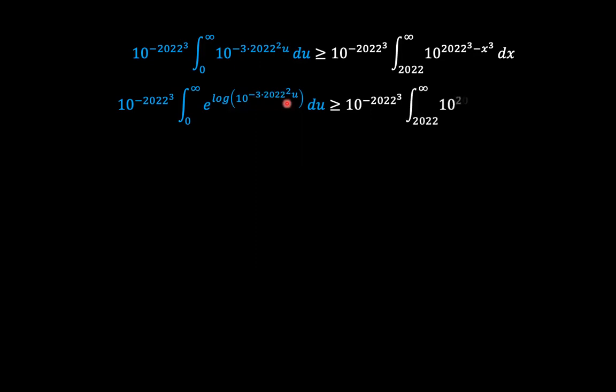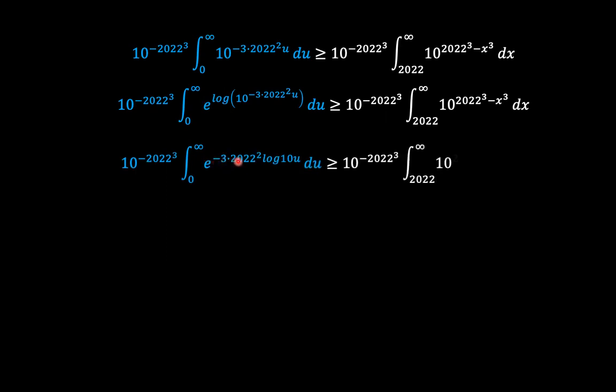As you can see, using the rules of logarithm, this power can be taken to the constant position of the logarithm. And so this becomes, focusing on the integral, the integral from u equals 0 to infinity of e to the power negative 3 times 2022 squared log 10 of u. And so this is a constant here.